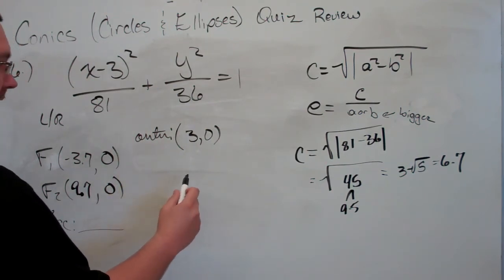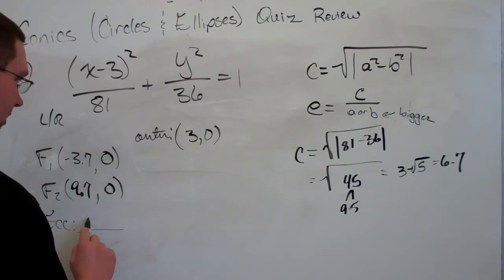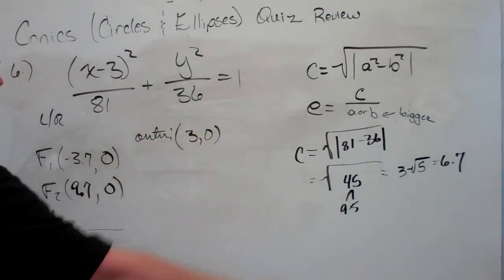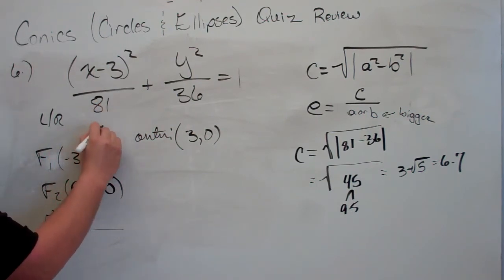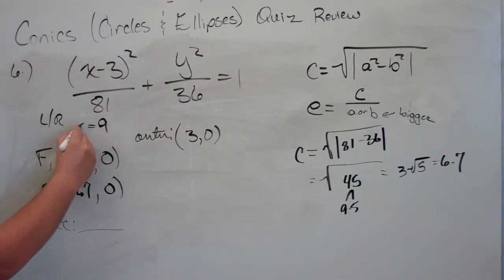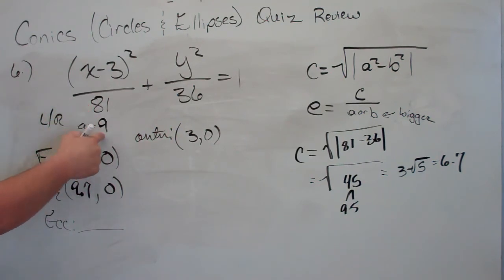All right, so now for the eccentricity, remember it's C over the bigger one, so ours is going to be C over A. But remember, A in this case is not 81. A is 9. Because remember, that's A squared, so 9 squared is 81. All right?